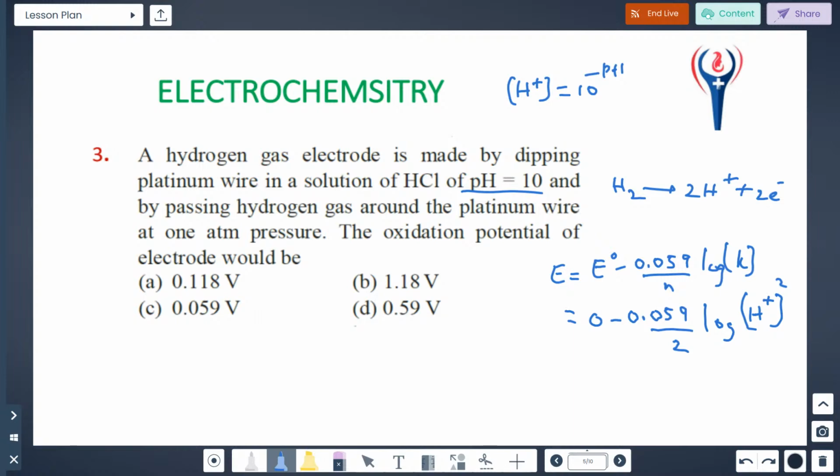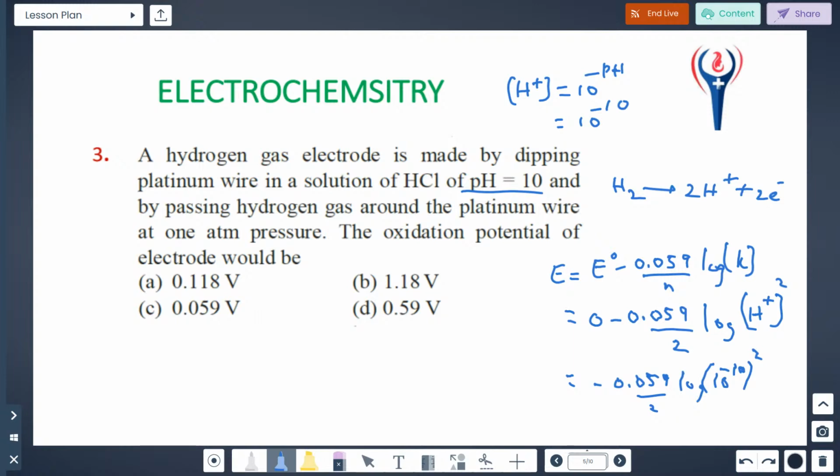If pH is given, that is how to find the concentration. So you put it here: 10 power minus 10. So the concentration of H plus is 10 power minus 10. Just substitute as it is: minus 0.059 by 2 log, 10 power minus 10, the whole power 2.